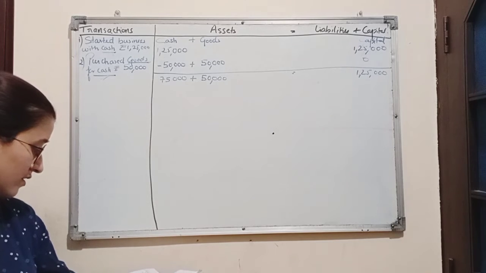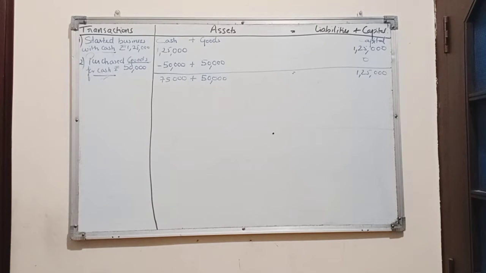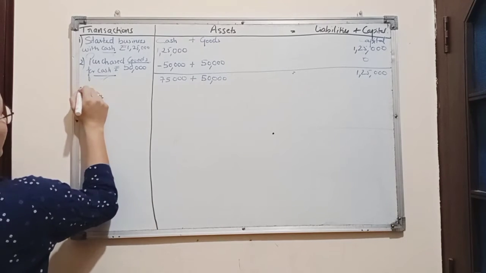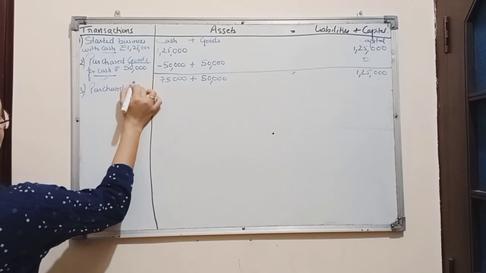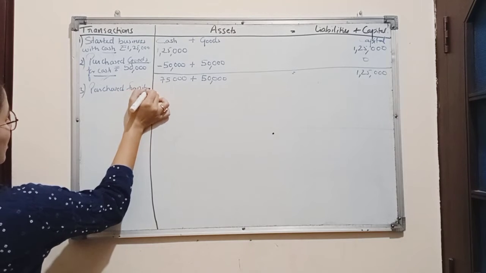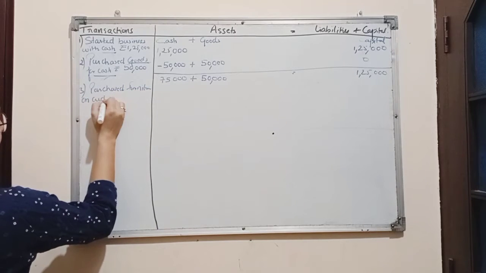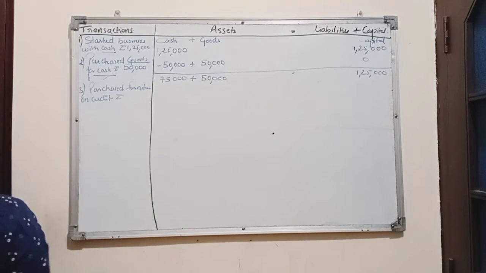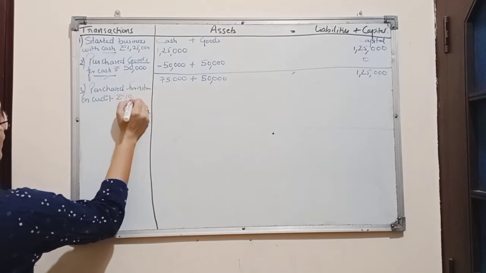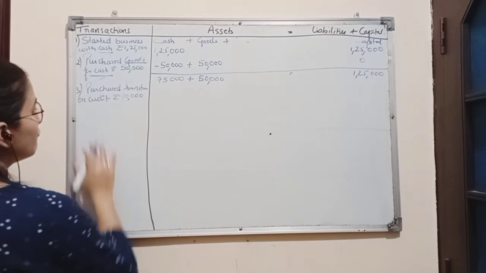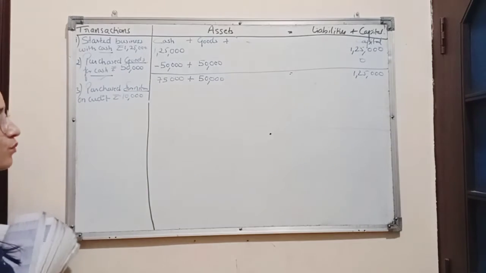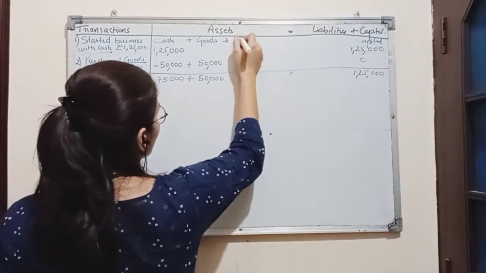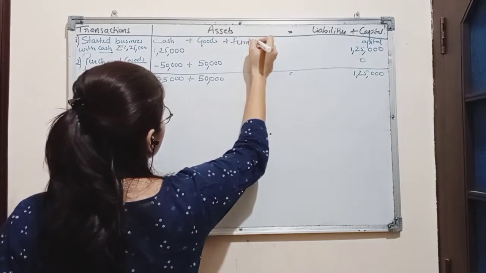1,25,000. Now third transaction is purchased furniture from RK Furniture on credit amounting to rupees 10,000. So here furniture is purchased. Furniture is an asset. So we will open a column of furniture on asset side.